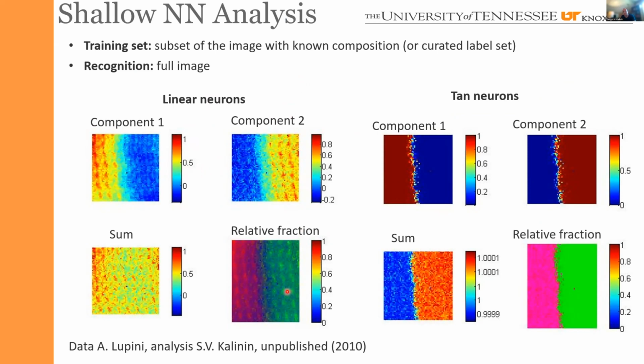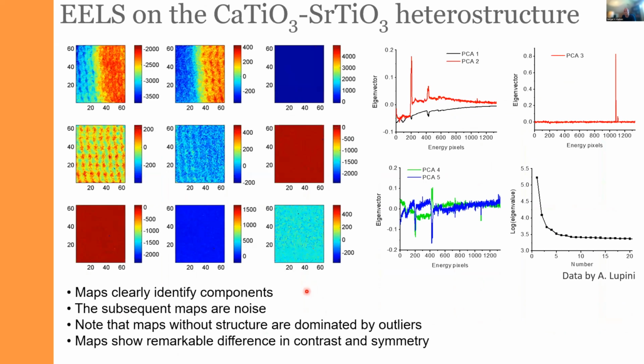So the question becomes, how is it different from the principal component analysis? Why would we bother in the first place? The answer is very simple. Principal component analysis, as well as any exploratory data analysis, essentially takes our data set and splits it into the independent parts. That's all it does.